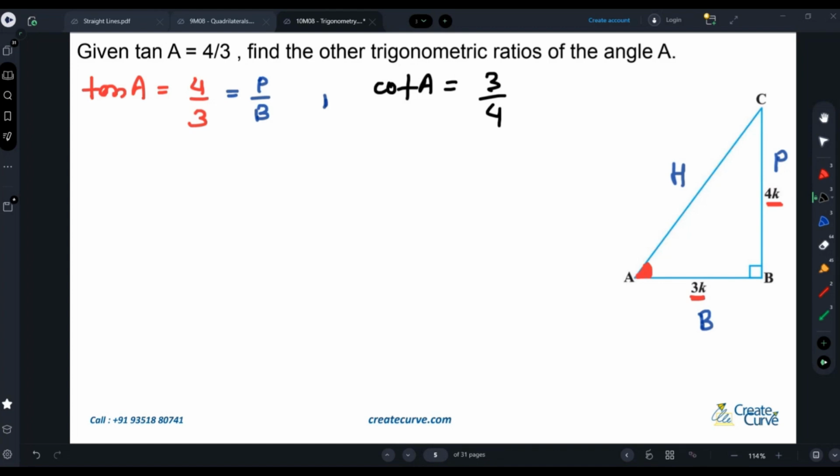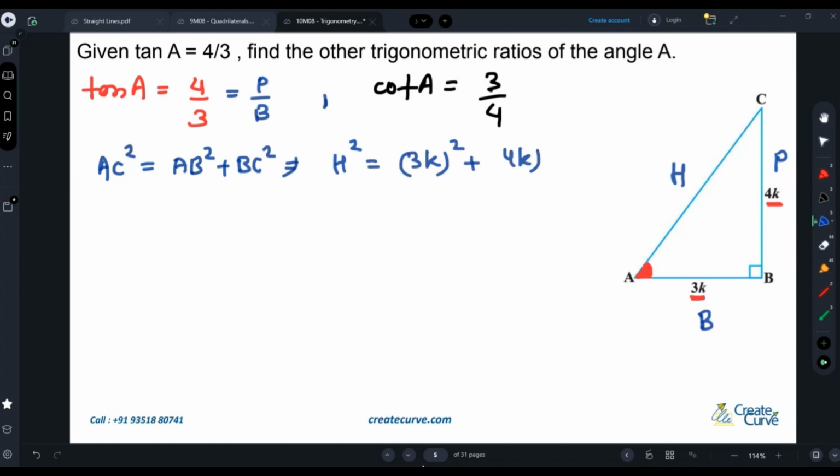Now for getting sine and cos and sec and cosec, we need the hypotenuse. In the right angle triangle, what can we apply? If we are applying the Pythagoras theorem, what can we write? AC squared is equal to AB squared plus BC squared. From here, we can write H squared is equal to AB squared, 3k the whole squared, plus 4k the whole squared.